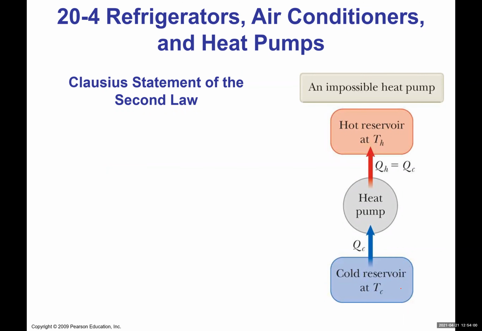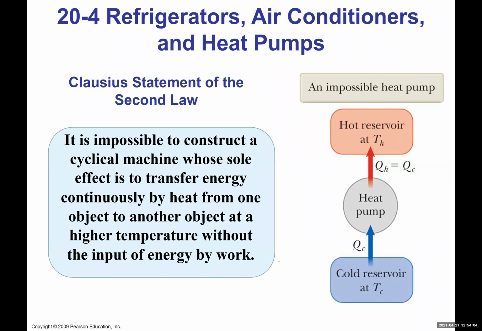And we have a classical statement stating that it is impossible to construct a cyclical machine whose sole effect is to transfer energy continuously by heat from one object to another object at a higher temperature without the input of energy by work. That means something like this, where you have energy absorbed from a cold reservoir and then dumped into a hot reservoir.